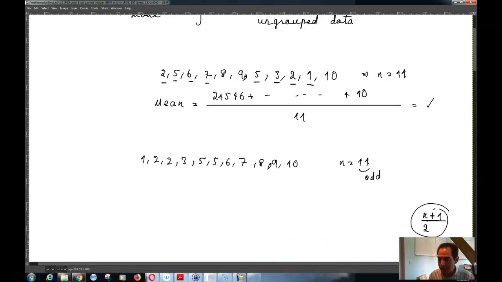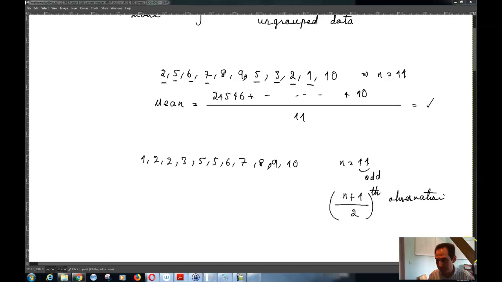So the observation that comes exactly in the middle, in the case of an odd number of observations, is given by the n plus 1 divided by 2th observation, and that is your median.